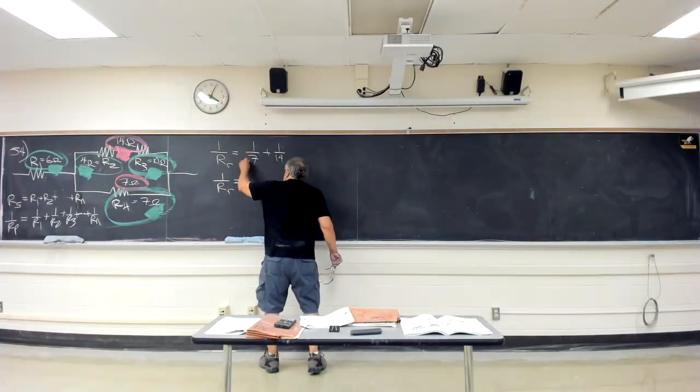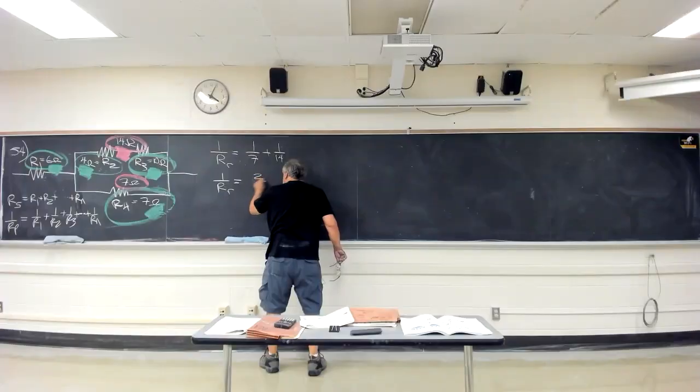Multiply this by a special one called 2 over 2, get 2 over 14 plus 1 over 14. This is not the only way to do it. Some people just get a decimal here. They divide this out, get a decimal, divide this out, get a decimal, add them, and then get the reciprocal of that sum. That's fine too.